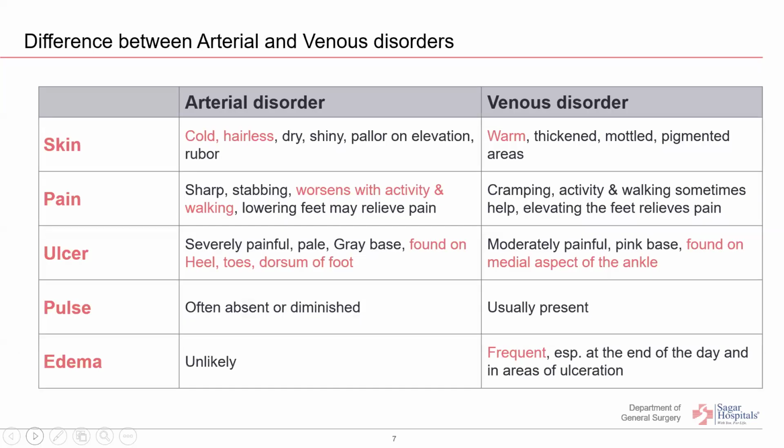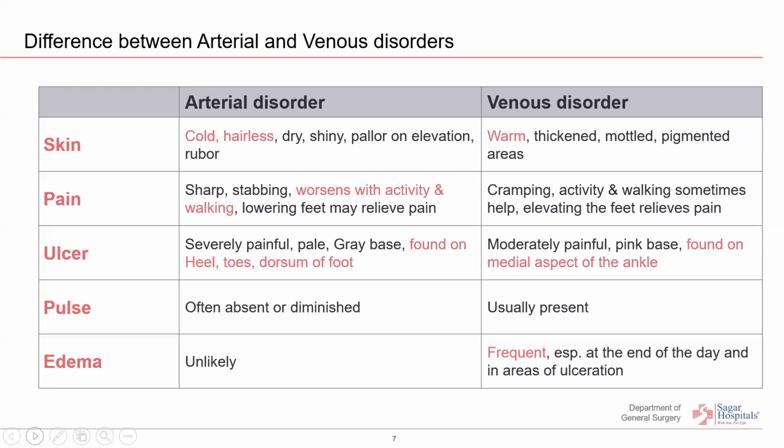And I wanted to give clarity between an arterial and a venous disorder. So what exactly happens is in an artery, because the blood inflow is compromised, we will have manifestations like cold, clammy extremities. And since the cutaneous blood supply is also compromised, the patient will have dry, hairless, shiny skin. Whereas in venous disorder, the venous outflow is occluded.